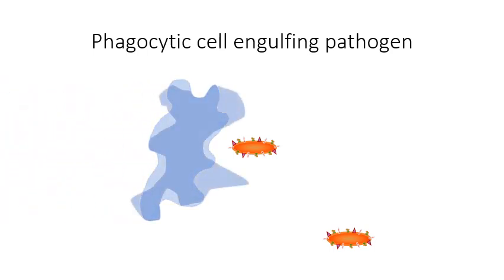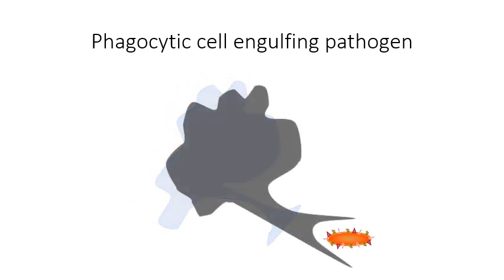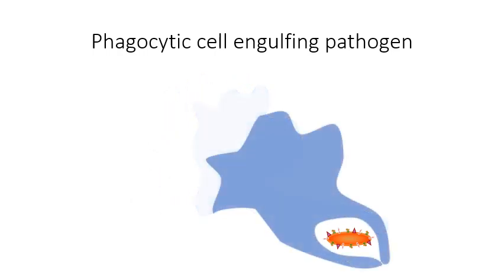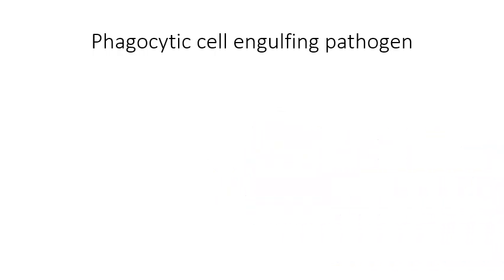The blue image that is coming into the screen now is an example of a phagocytic cell. So you can see that it's engulfing those pathogens because it has recognized them as having non-self antigens on the surface. Let's have a look at what happens next.